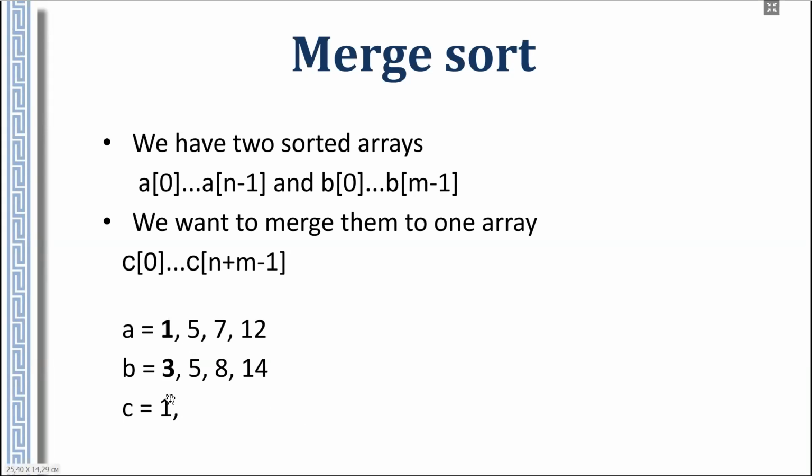Firstly, we can see that here should be the minimal element of all of them. We know the minimal element from the first list is the first element. The minimal element from the second list is the first element. So we can say that the minimum element of all elements is the minimum of these two first elements. We write the minimum of them.